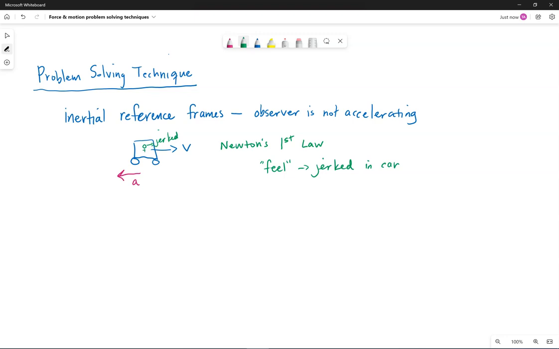That is what's called a non-inertial reference frame. The car itself is accelerating. And so to try to make sense of what we feel, we can't use Newton's laws in that case.